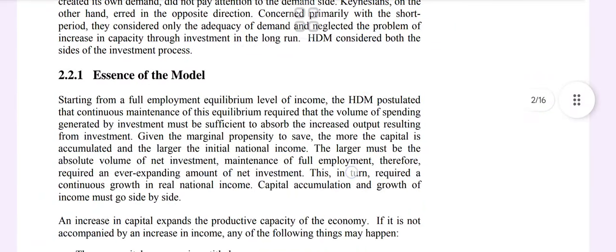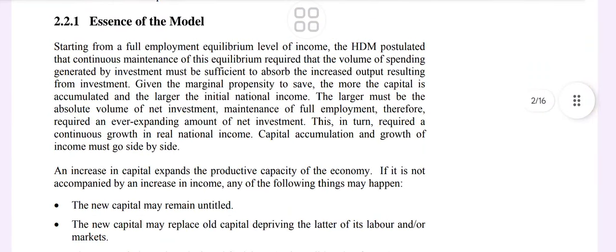Right? What is the essence of the model? Starting from a full employment equilibrium level of income, the HDM postulated that continuous maintenance of this equilibrium required that the volume of spending generated by investment must be sufficient to absorb the increased output resulting from investment. So given the marginal propensity to save, that is MPS, the more the capital is accumulated, the larger will be the initial national income.